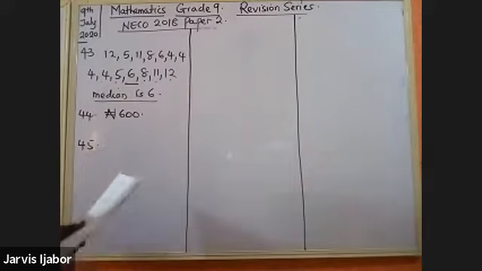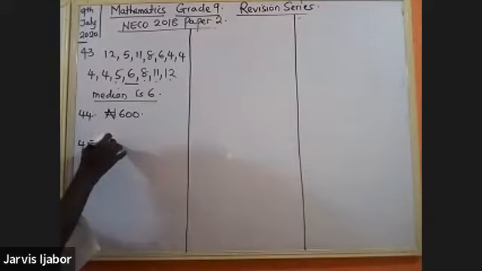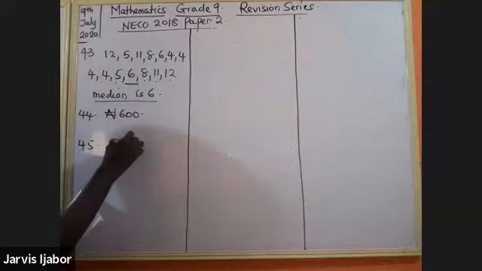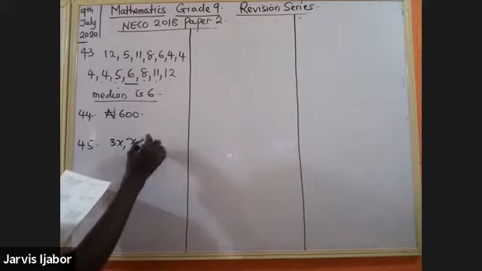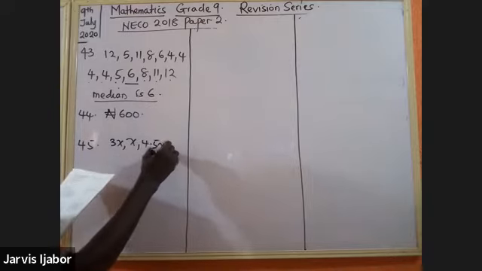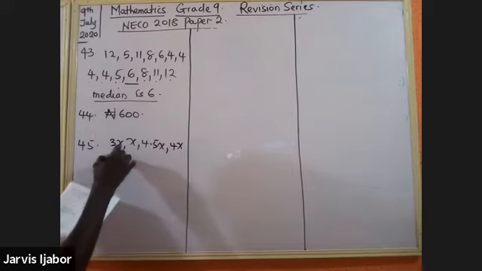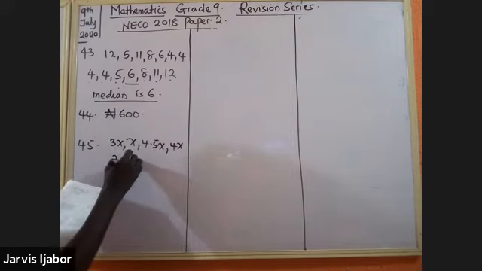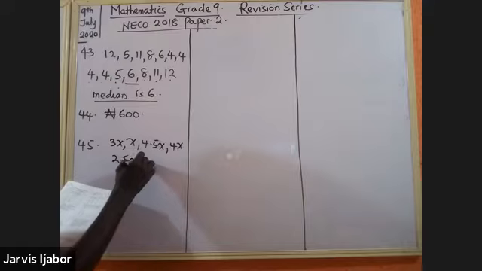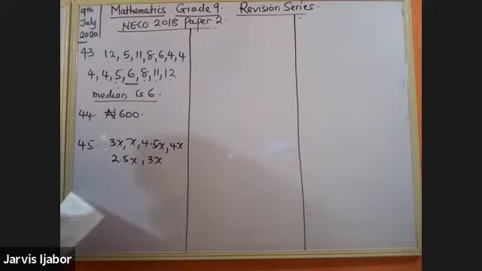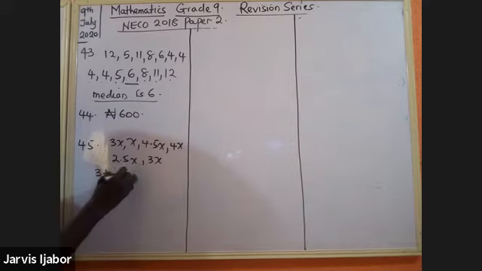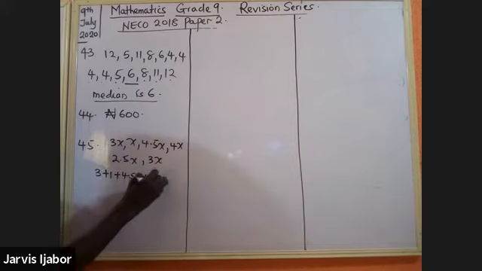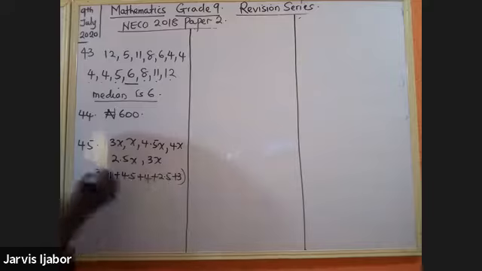45. This one is one area of maths that you can finish everything in record time because they are very straightforward. Find the mean of, you have 3x, you have x, you have 4x, sorry, you have 4.5x, you have 4x, you have 2.5x, and you have what? 3x. So what you do, you add everything. So I'll just add 3 plus 1 plus 4.5 plus 4 plus 2.5 plus 3.